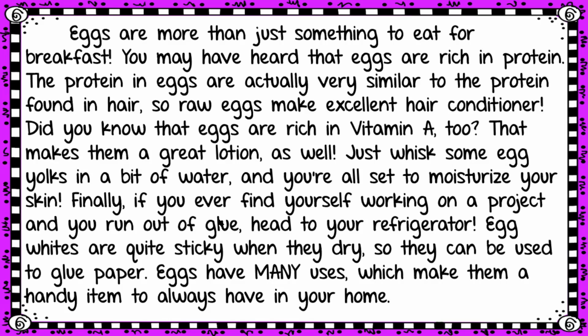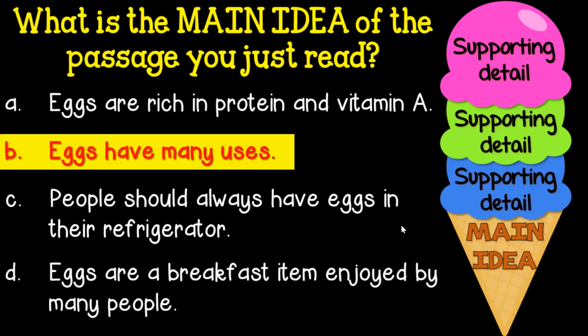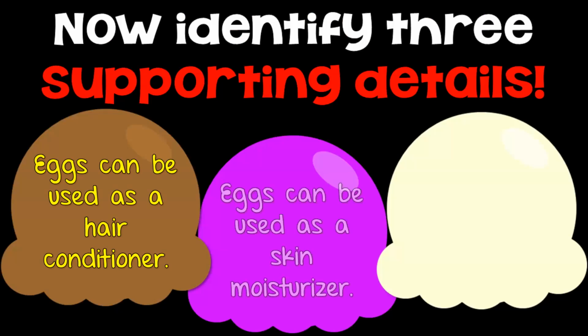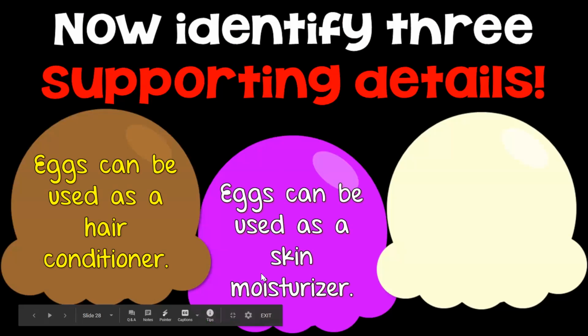You can use eggs as glue, right? So if our main idea is eggs have many uses, we need to have details that support eggs can be used for different things. So one detail could be eggs can be used as hair conditioner. Does that prove our point? Does that explain our point? Yes. Eggs can be used as a skin moisturizer. Does that prove our main idea? Yes. And does this supporting detail go with this supporting detail?